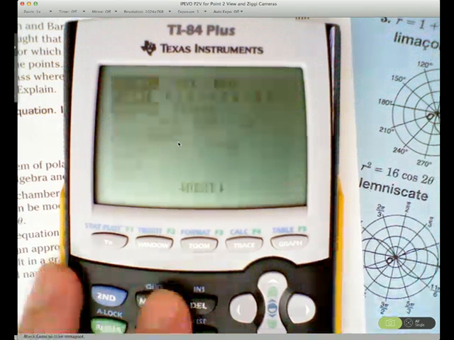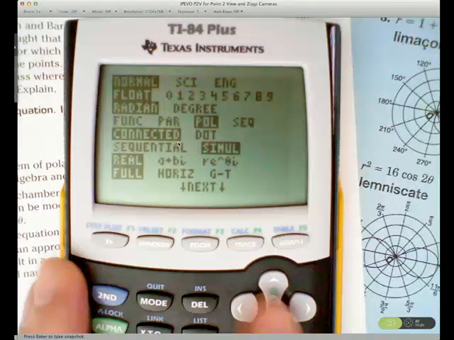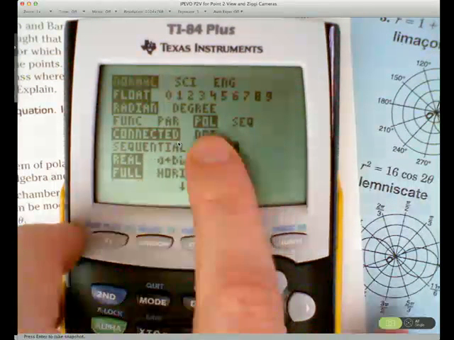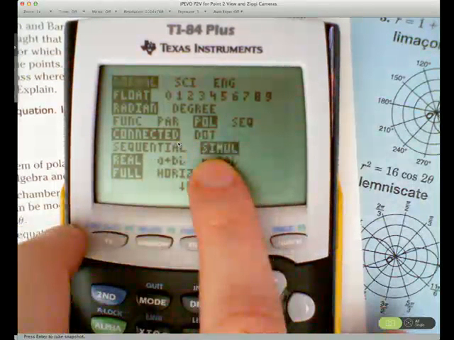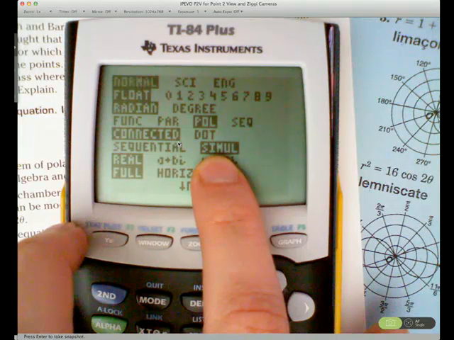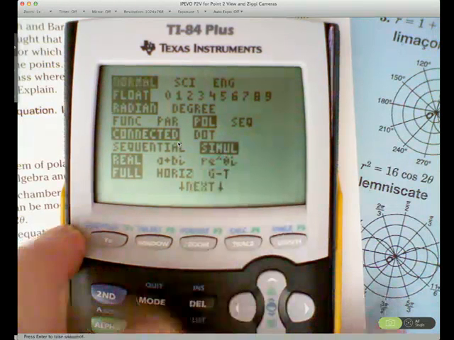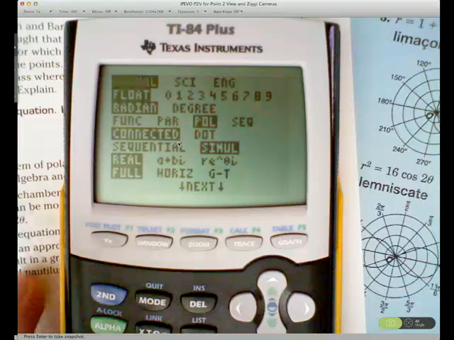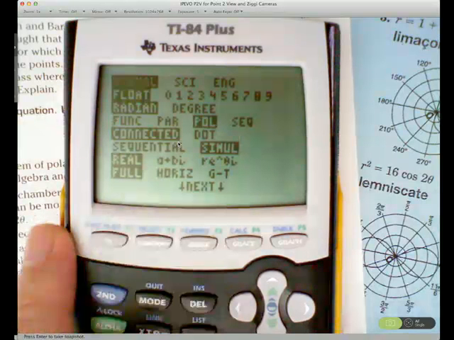Just to clarify, I'm in polar equations, and I've switched this to simultaneous graphing. That way I can see both curves being plotted at the same time, so I can have a guess whether those points are going to land on top of each other at the same moment for the same theta values.